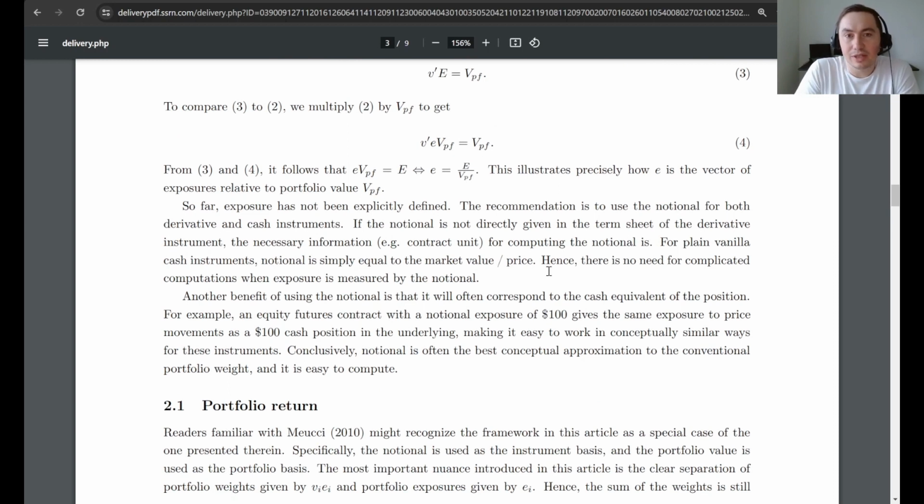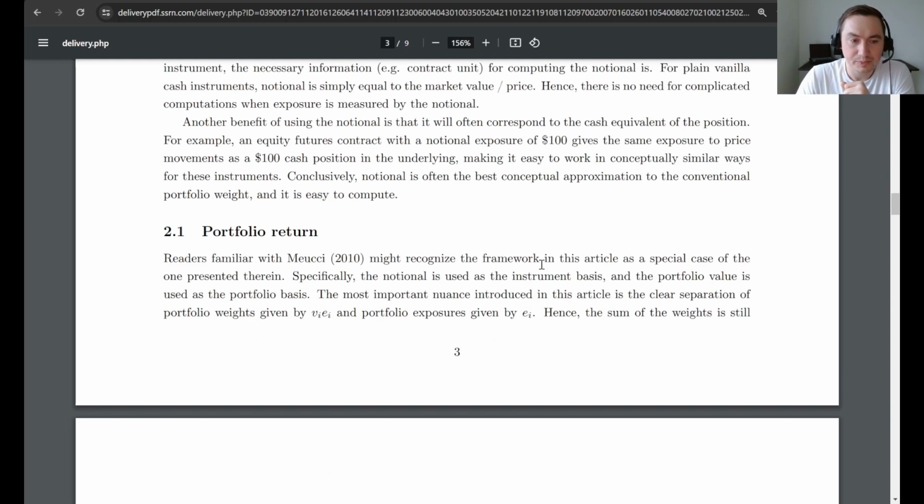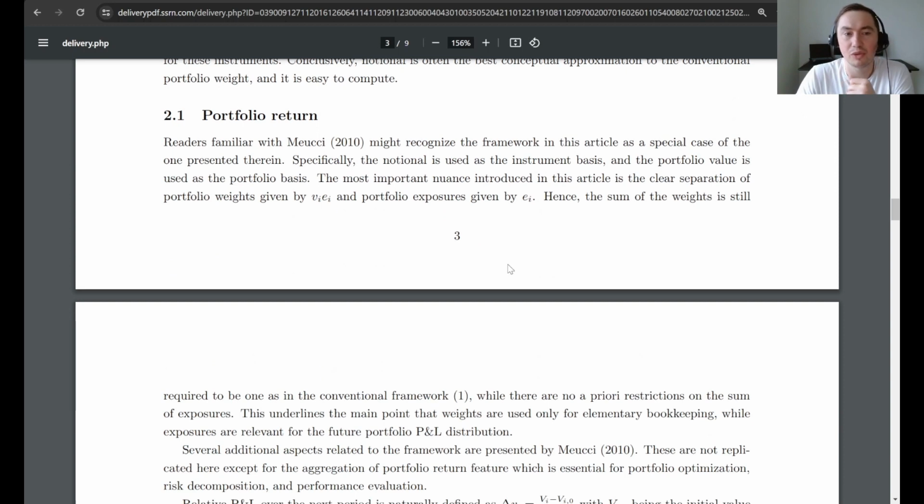In general, when we say exposure, we define it as the notional, and this is because it's quite easy to calculate the notional. Usually it's given in the derivatives contract, so you don't have to do any complicated computation to figure out what the exposure is. So here we just show some of the properties of the portfolio return, and actually the ideas for building a framework like this one were introduced in an article in 2010.